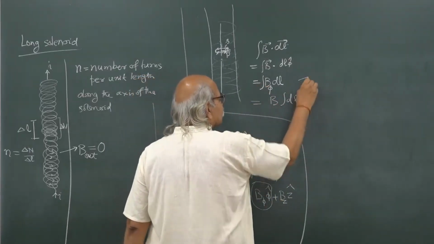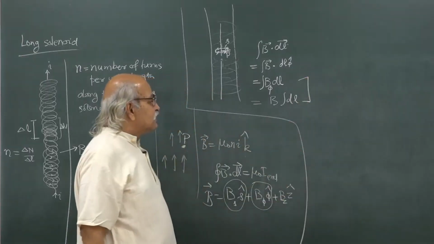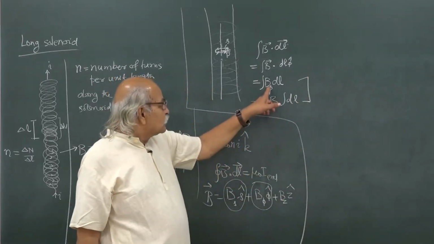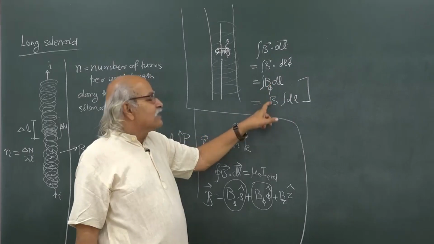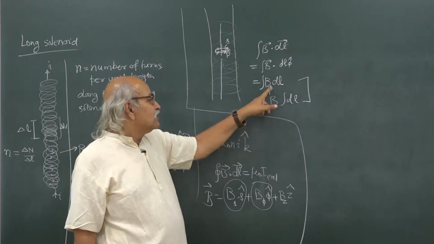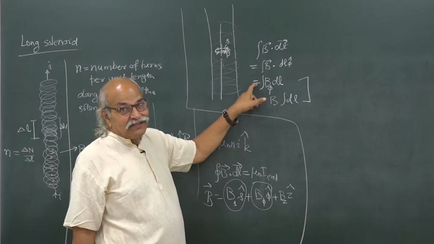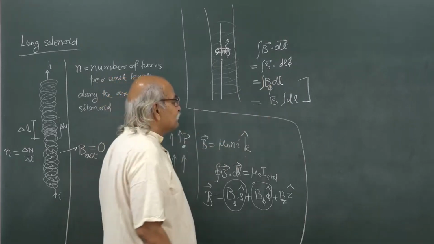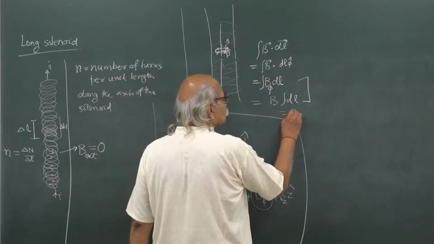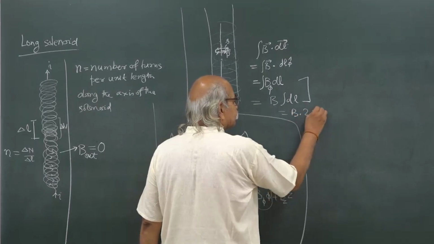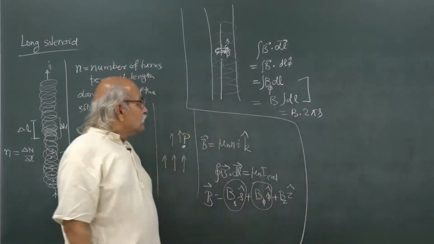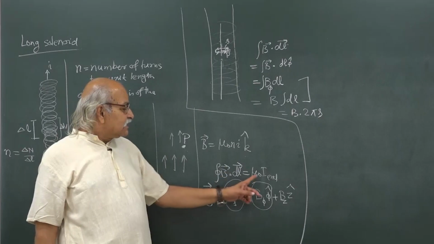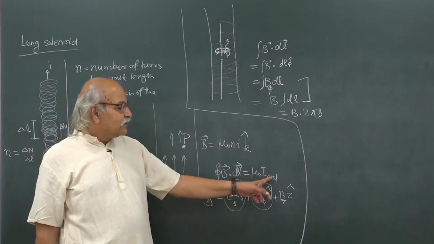This step is very crucial. People generally make mistakes here. Since it is constant, only then can you take it out. If it is not constant, then you cannot take it out. And now this will be B into 2 pi s. But the right hand side is mu naught I enclosed.